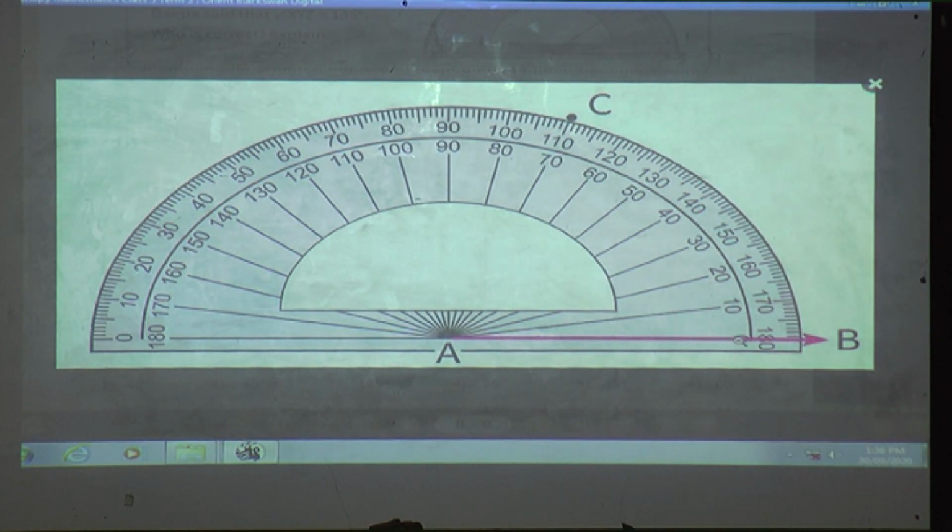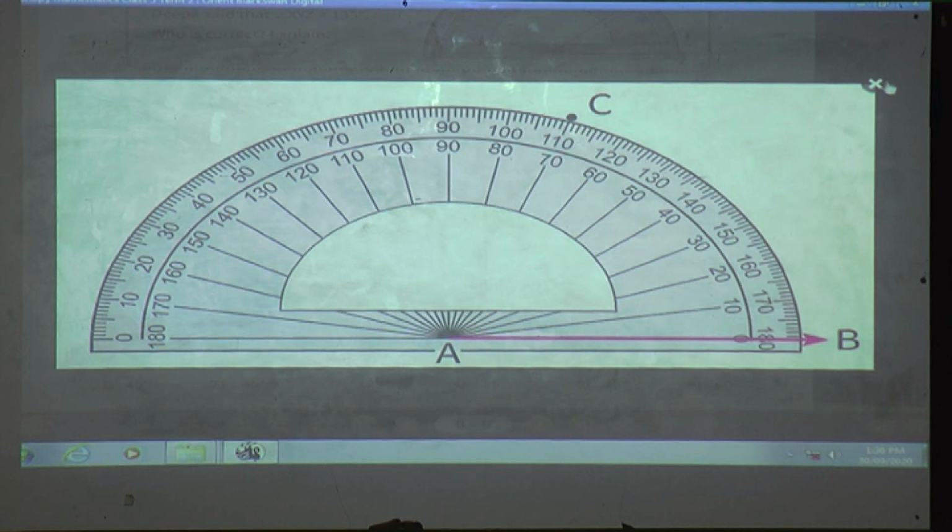Here it is 0 degree and here it is ray AB. Now locate the 70 degree mark on the inner scale. Here it is, 70 degree. So make a point. Name it C.